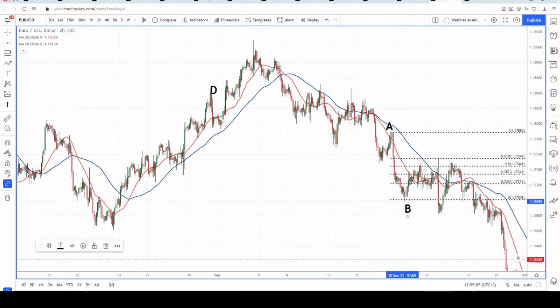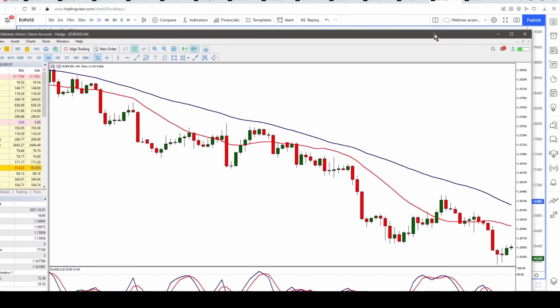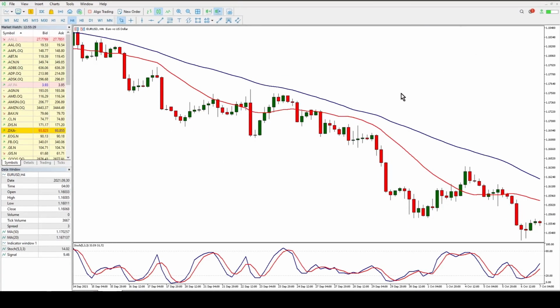So let's use the charts here. I'm going to bring up the charts. I want to use this for one specific reason. This is the preferable tool for executing the trades.